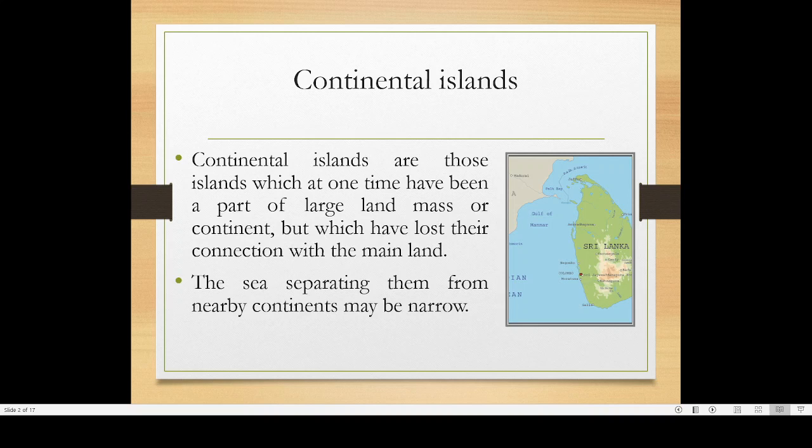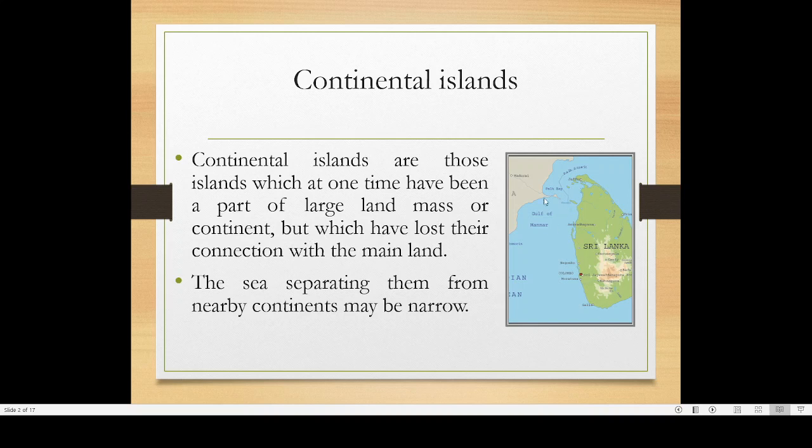Now it is separated from the Indian mainland by a sea, but still the depth of that sea is not too deep. So that is another peculiarity. So at one time it used to be a part of the large land mass, or in the case of Sri Lanka, it was once a part of the Indian mainland, but it has lost its connection with the mainland.